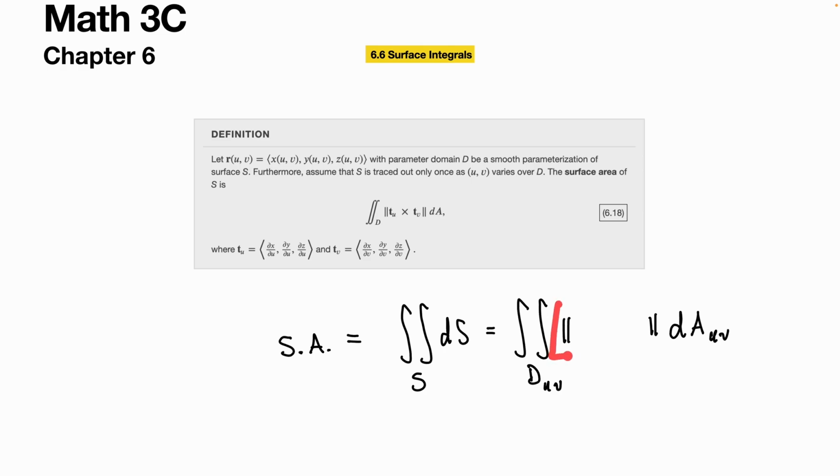And then the amount that we scale it either up or down is the size of the cross product of the tangent vector in the U direction with the tangent vector in the V direction. Very good.